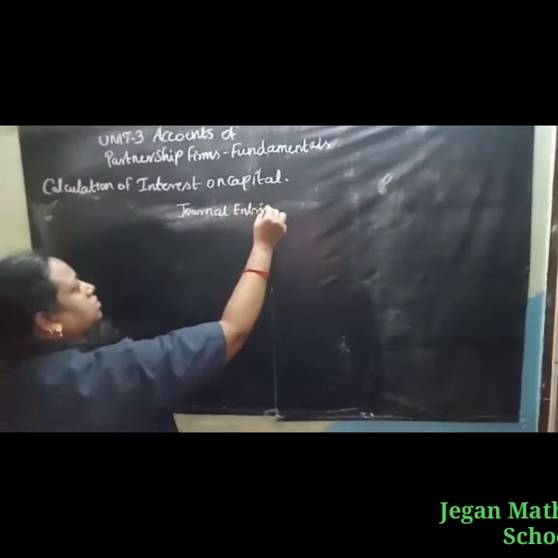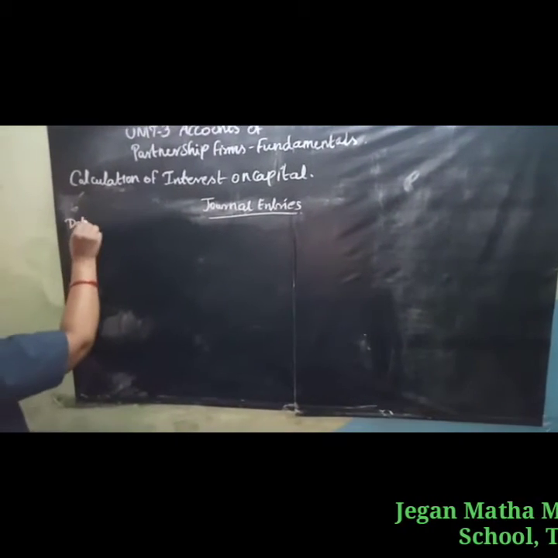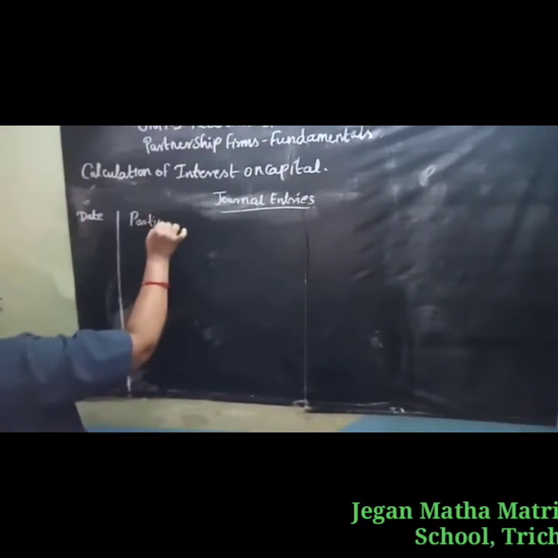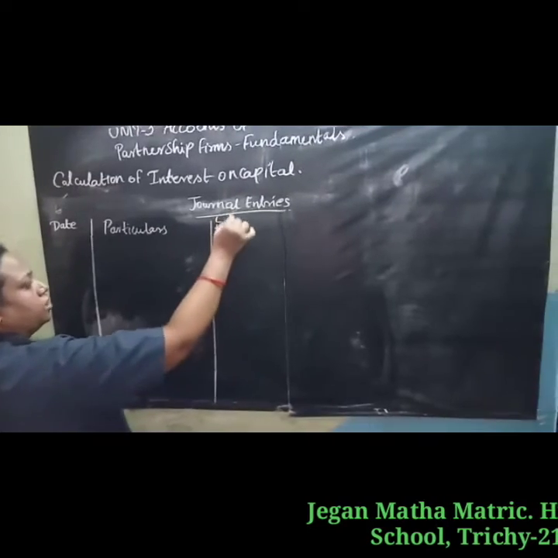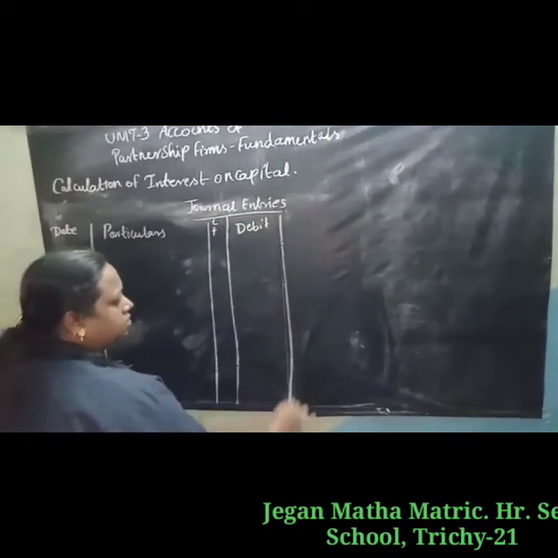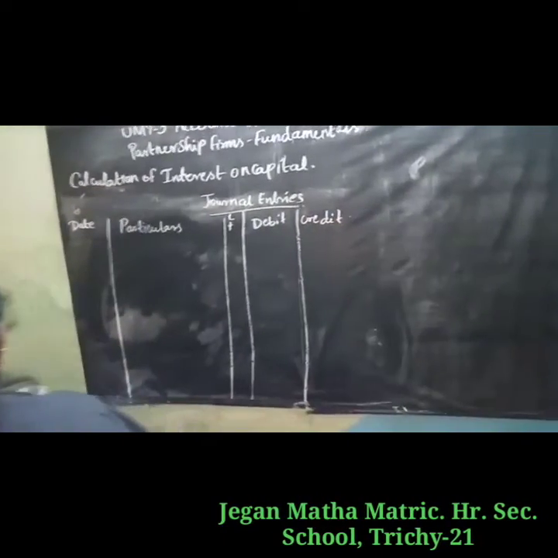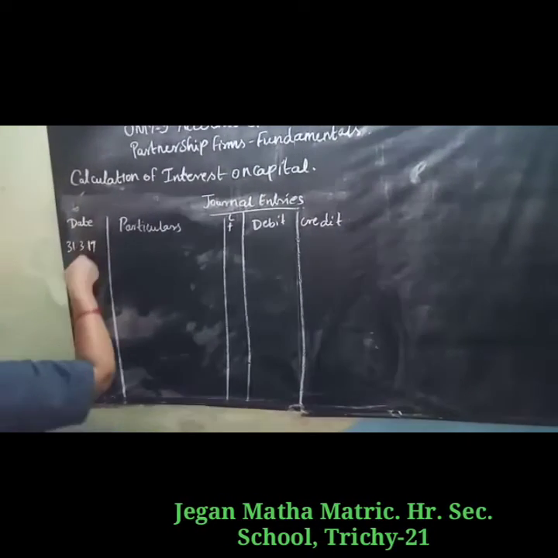So next journal entries, we have to write journal entries. Date, particulars, LF, debit, credit. Okay. So date 31st 3/2019.